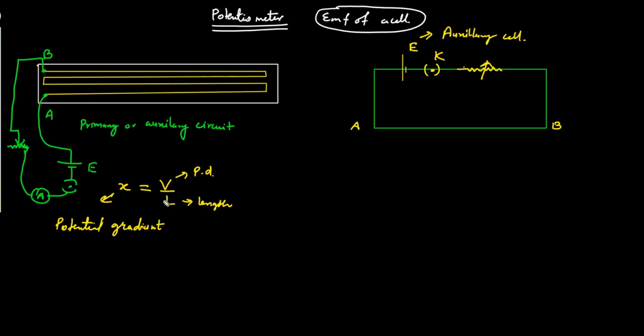Now how to find this X equals V by L? For that we are taking another cell of, let's say, voltage V1, and it is connected to a galvanometer. Other end of galvanometer is connected to jockey, right?